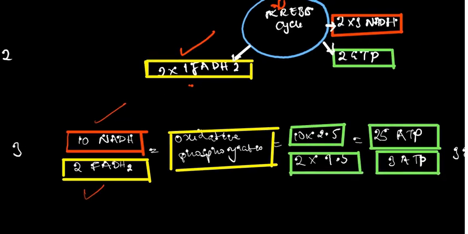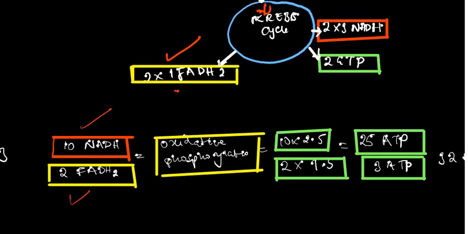Okay, now for every NADH molecule that's formed, we have 2.5 ATP molecules that are formed. And for every FADH molecule formed, we have 1.5 ATP molecules that are formed. So we multiply the 10 molecules times the number of ATP.